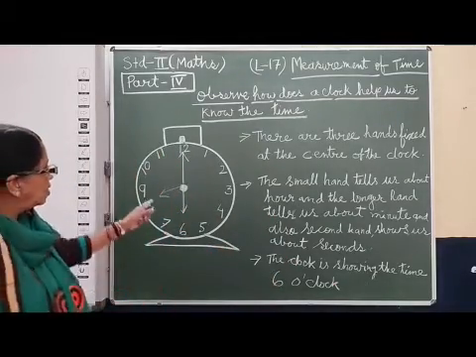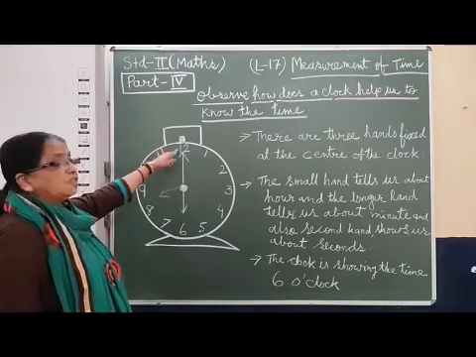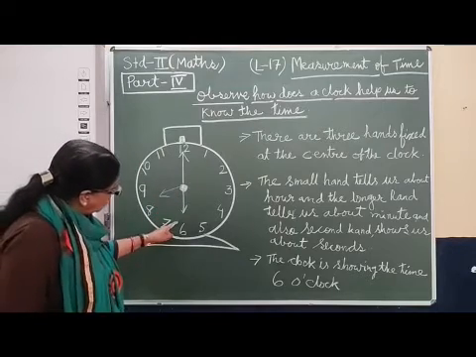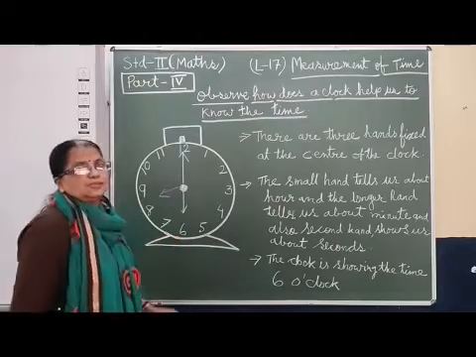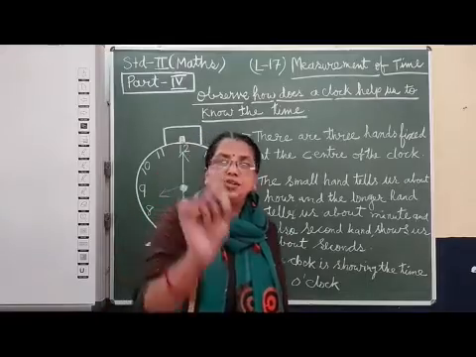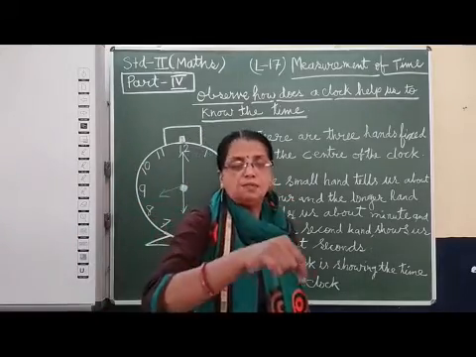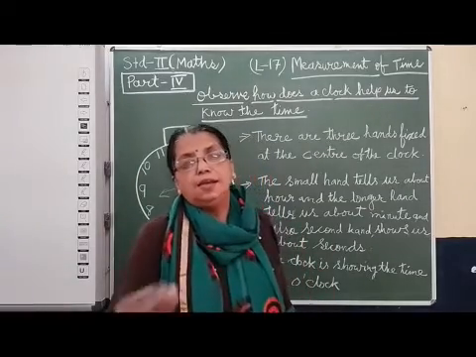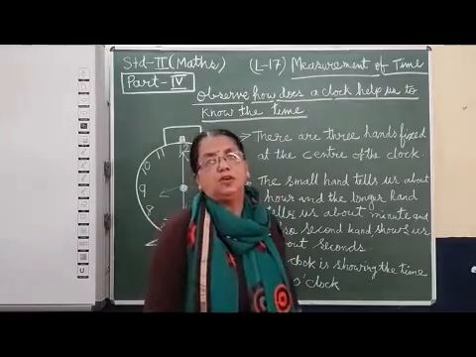Why is it 6 o'clock? Because when the long hand is at 12 and the small hand is at whatever number, here it is 6, so it is 6 o'clock. Always you have to remember, when the short hand is at any number and the long hand is at 12, the clock will show that time only.